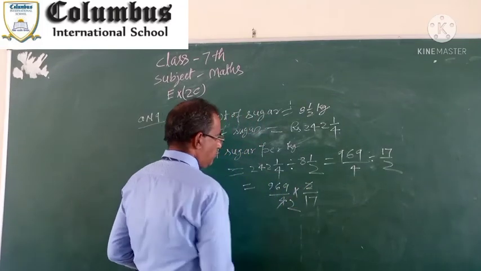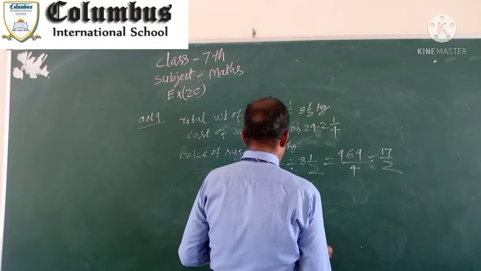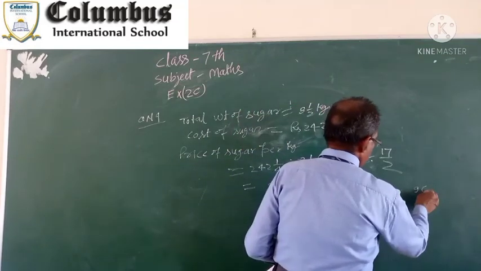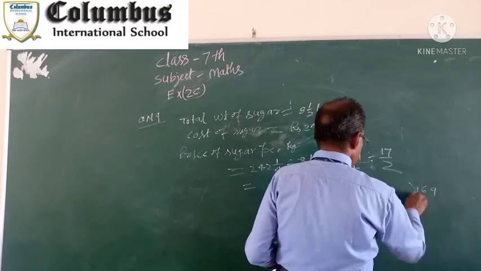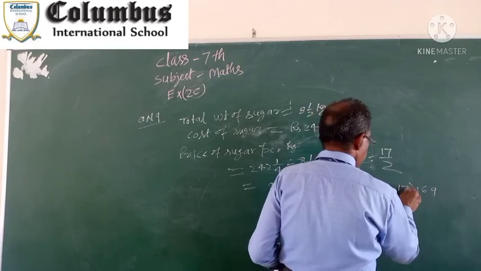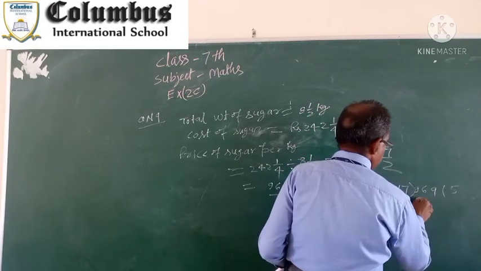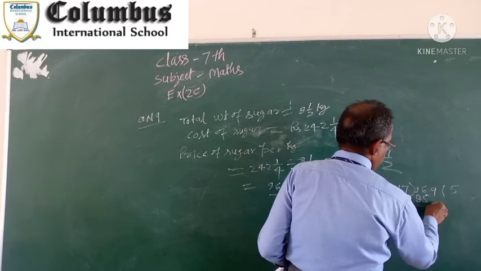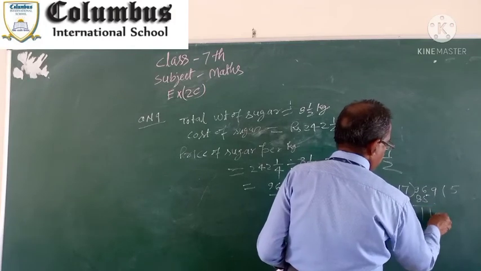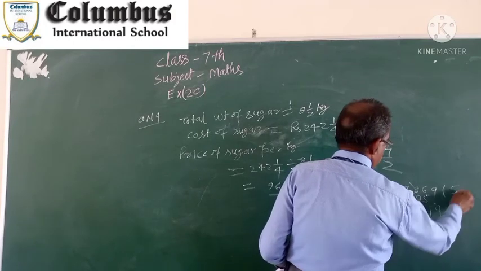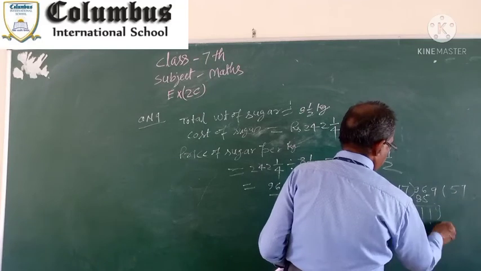2 into 4, and 969 divided by 17. 17 fives are 85, 96 minus 85 is 11, 119 minus 119 is 0.